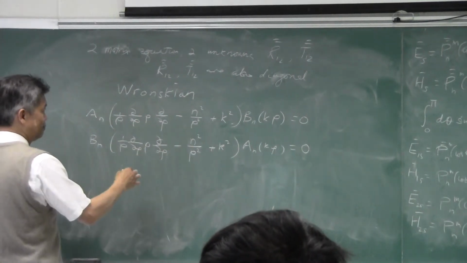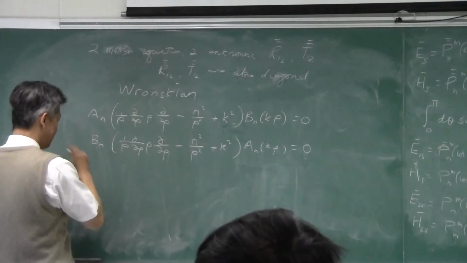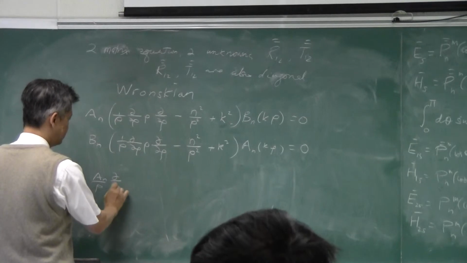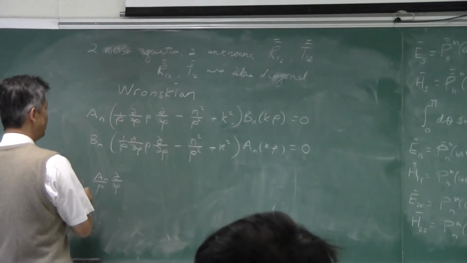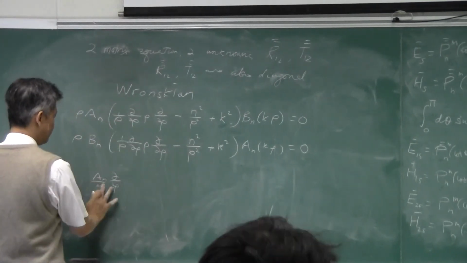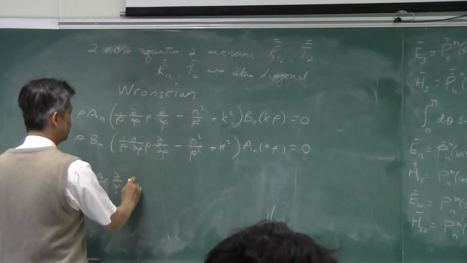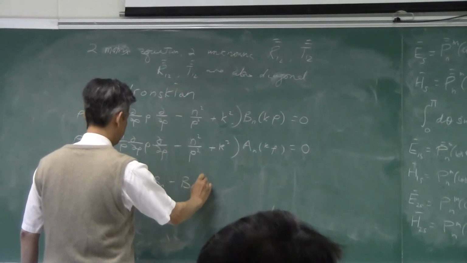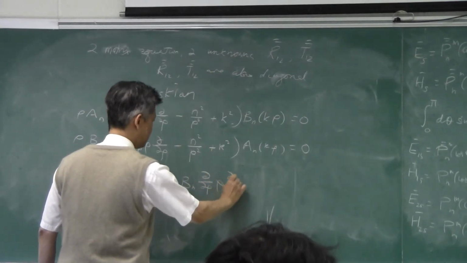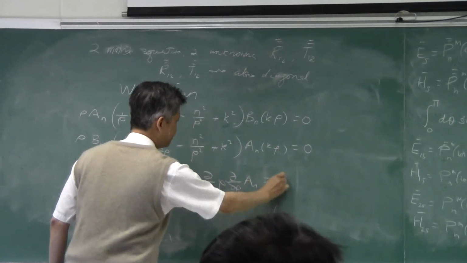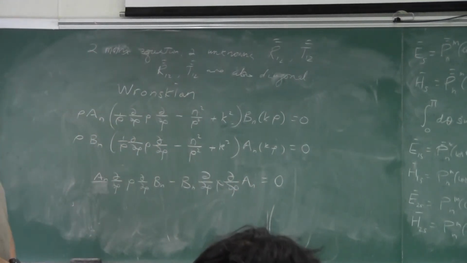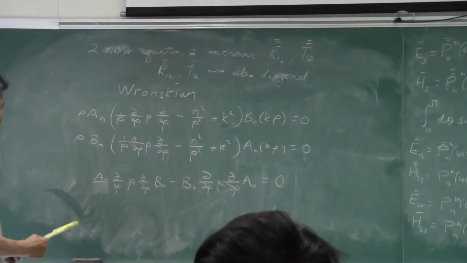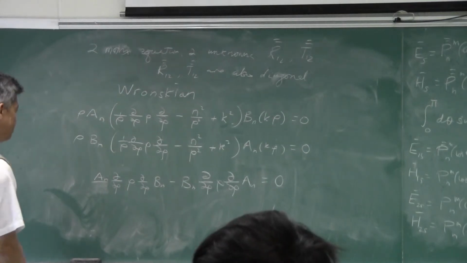So you multiply the two, and then these terms will cancel each other. So you have A_n over rho, partial rho. Or multiply by rho also, so that this rho goes away. Partial rho, partial rho, B_n minus B_n partial rho, partial rho A_n, and must be equal to 0. Very much like how you would do Green's theorem. And then similar to the tricks of Green's theorem, you try to write this as a total derivative.